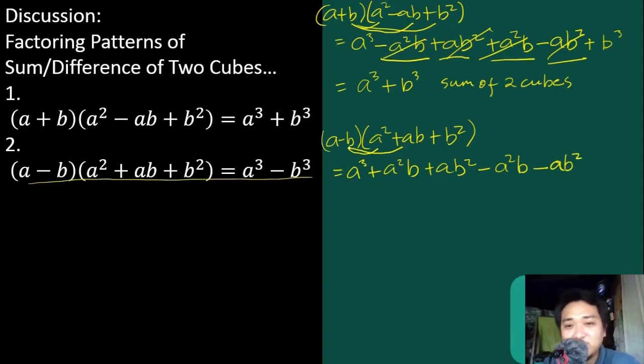And negative times positive, again negative uli, B times B squared, that will be B cubed. We just add the exponent if they have the same base.